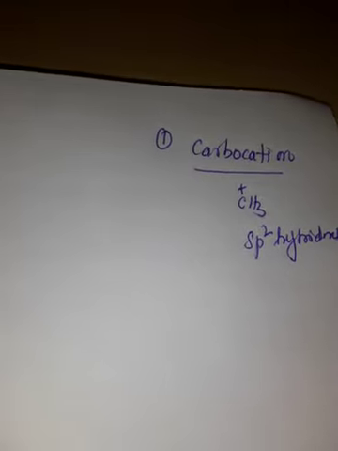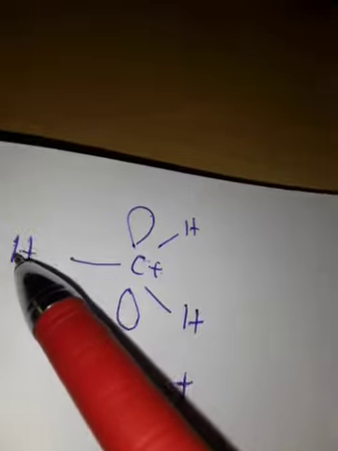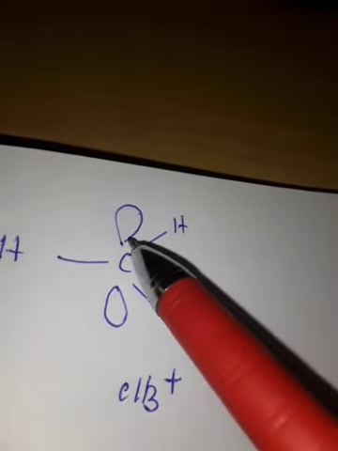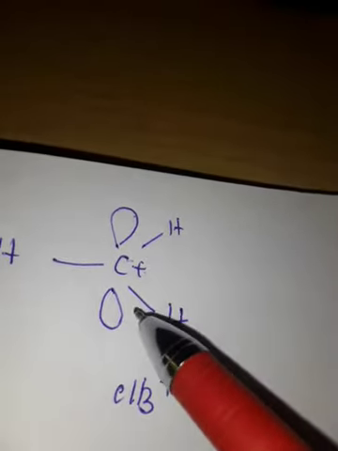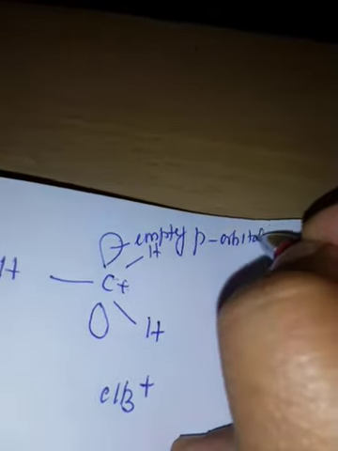So if you are drawing the structure for CH3 plus, C positive with 3 hydrogens. This is the empty p orbital. No electron will be there.